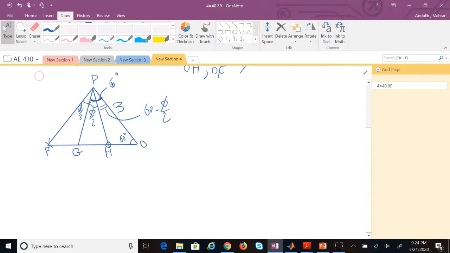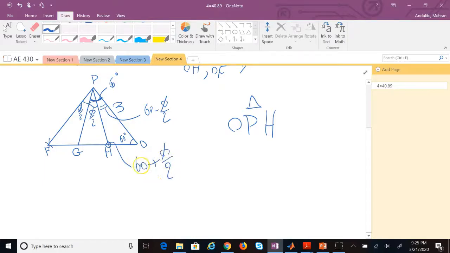And now, if I look at triangle OPH, I have all angles. So this one is 60 minus phi/2, and this one, of course, I can find. It's 180 minus the sum of the two, right? So if I want this angle, that's 60 plus phi/2.